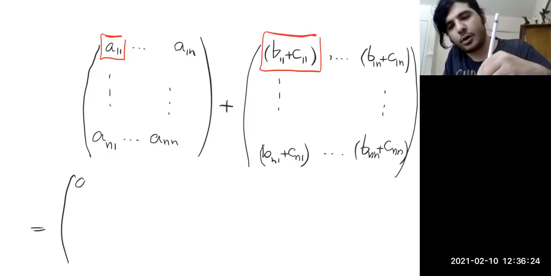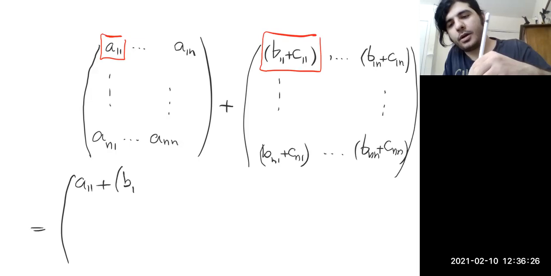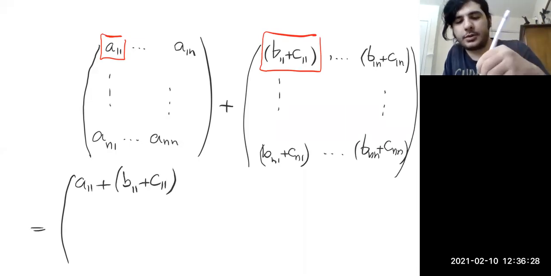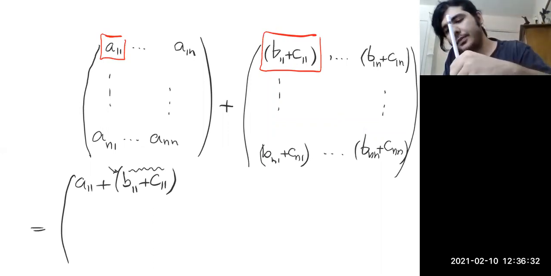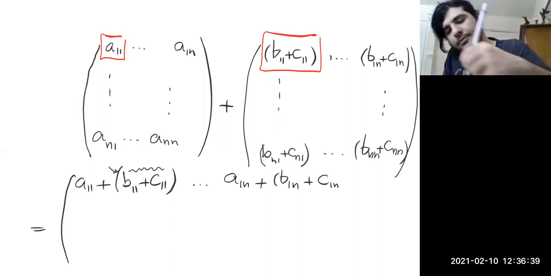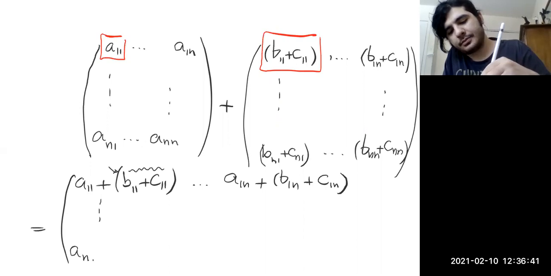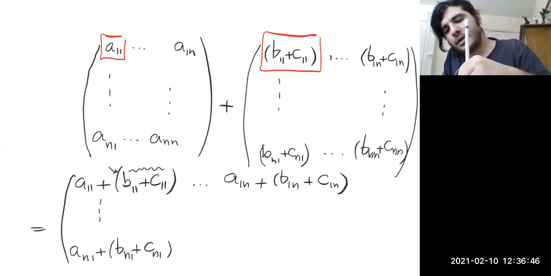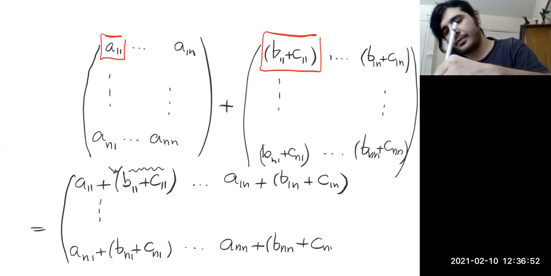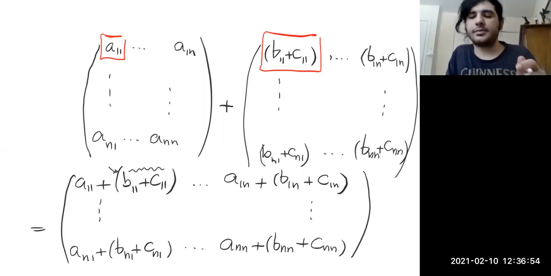It would be A11 plus B11 plus C11. But note that we have parentheses here, which means first add these two and then add A11. Same thing holds for the other components. I would just write down the other components of this matrix.